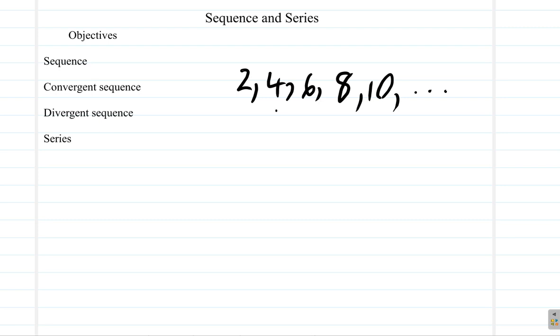So 4 comes from 2 plus 2. Where would 6 come from? It would come from 4, the previous number, plus 2. 4 plus 2 is 6.